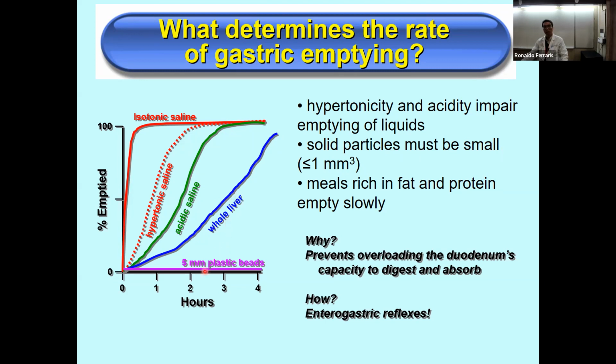And then if you eat a lot of vegetables, this one is from a volunteer, represented by plastic beads, or you can just imagine a lot of fiber in your diet. It's the most potent delaying factor in gastric emptying.